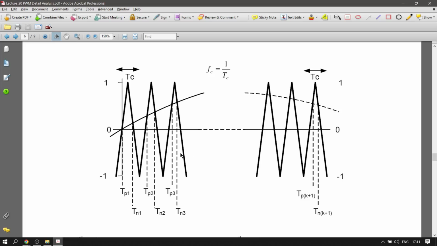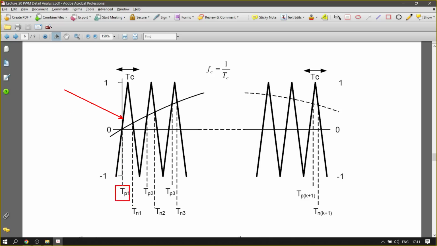Okay, ini pun sama juga. First you start with t_p1, isn't it? This is positive line, a positive slope triangular carrier signal line. Tapi definitely kalau you tengok ini t_p1 equals to apa? Betul-betul kat 0 ni, isn't it? So tak payah cari, t_p1 is always 0, isn't it? Definitely t_p1 will be equals to 0.